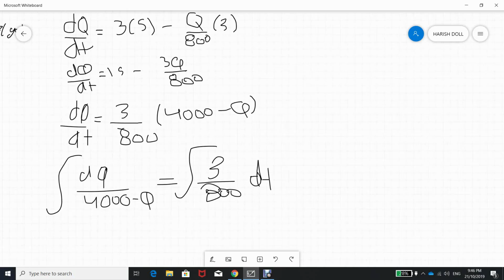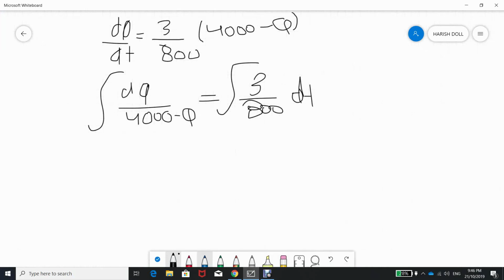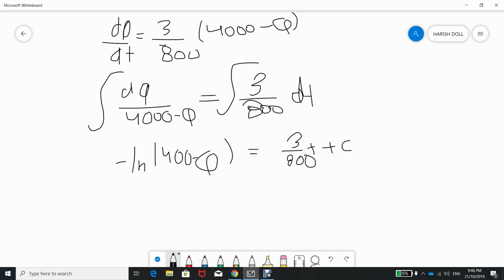So the integral of that will turn into negative natural log of 4000 minus q is equivalent to 3 over 800 t plus c, where c is the constant.